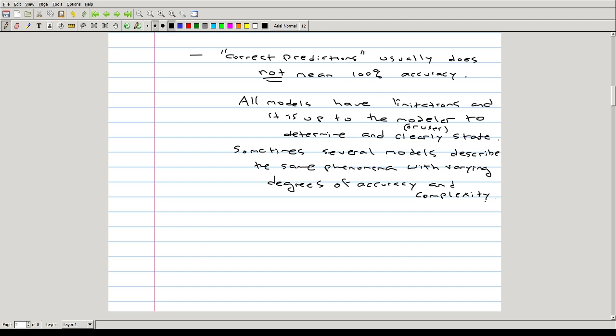And a simpler model will actually describe the real life phenomena in an accurate enough way, and it'll be good enough.